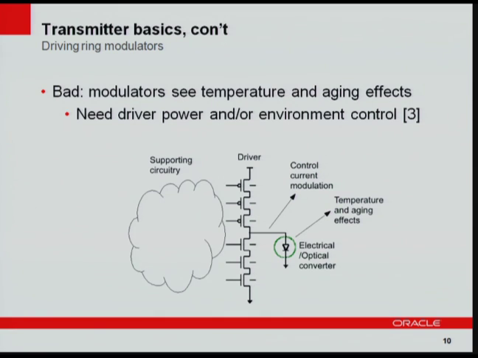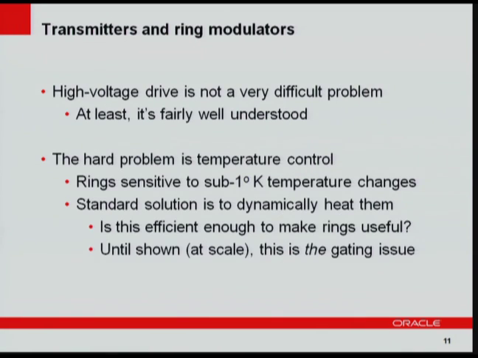The modulators themselves, because they see temperature and aging effects, will require additional circuitry to control the environment of the modulator. That is actually a significant cost in terms of energy, in particular because they're very sensitive.